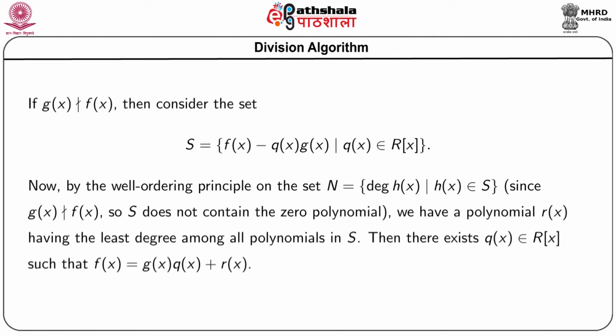Here we apply the well ordering principle on the set N of all possible degrees of h(x), where h(x) is an arbitrary member of the newly constructed set S. Since this is a set of degrees of some polynomials, first we should note that S does not contain the zero polynomial, since we have assumed f(x) is not divisible by g(x), and hence there is no problem to get N.